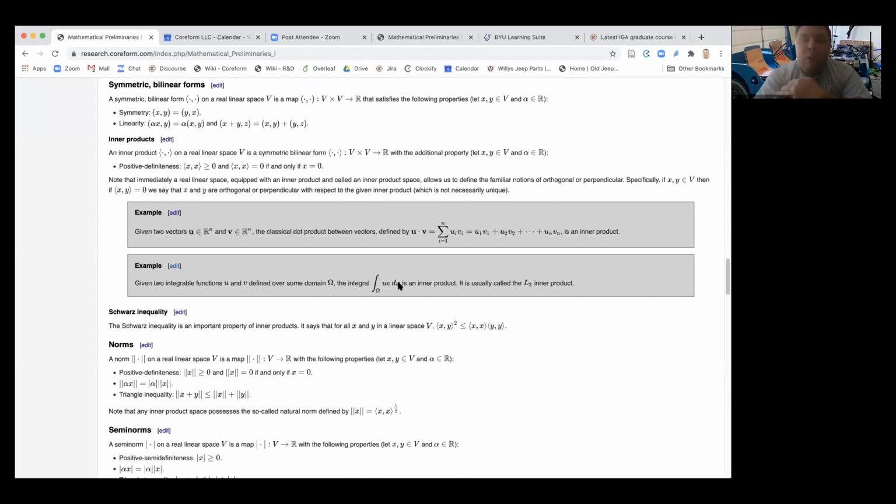Yeah, the dummy variable of integration is not actually very important. You could pick any dummy variable of integration that you want, and it won't change anything with respect to the nature of the inner product. In some sense, it's cleaner, and less confusing to some people, to leave the dummy variable out. Less explicit, right?